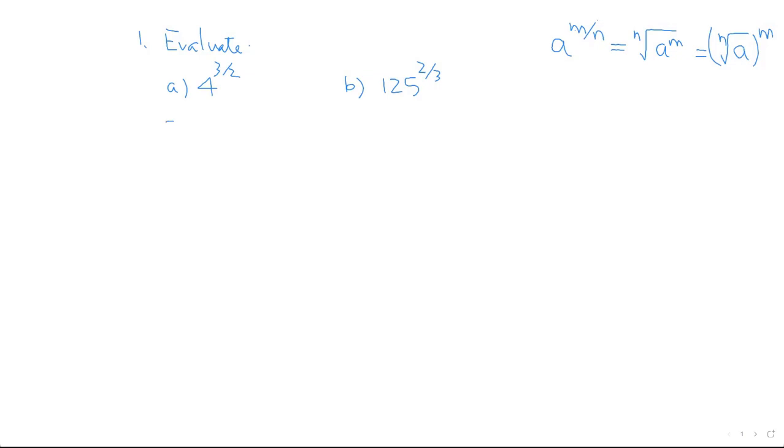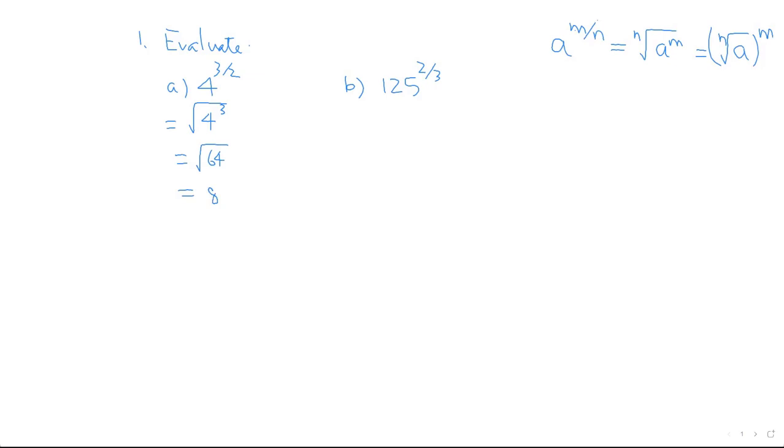So that means here you have 4 raised to the third, and then take the second root. The second root is just the square root, right? So this equals the square root of 4 raised to the third. That's 4 times 4 times 4, which is 64. So the square root of 64 is 8.